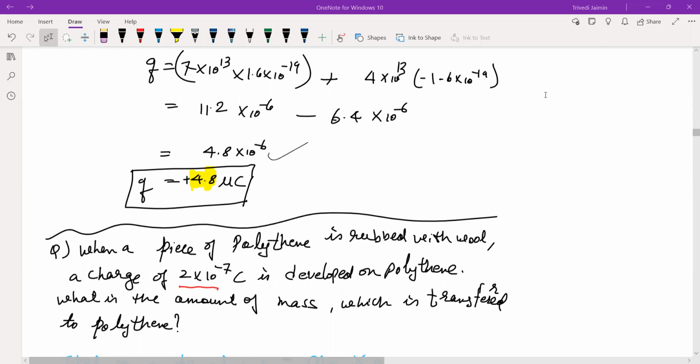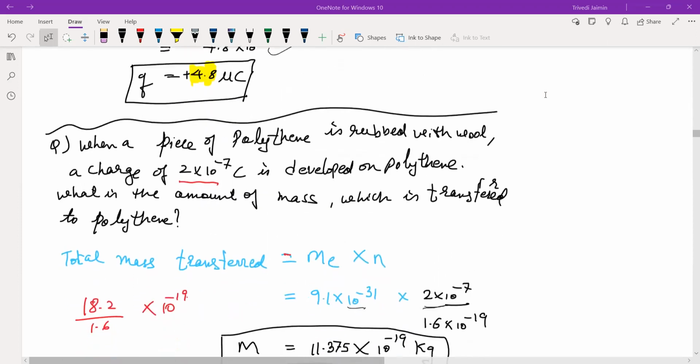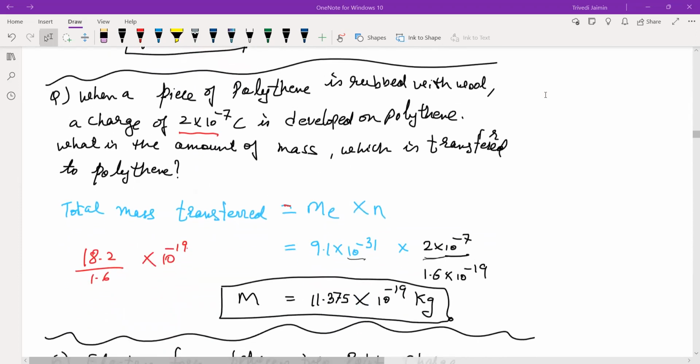Um, 1.0... 0.9 into 10 to the power minus 18. Okay, okay. It's 11.3 into 10 to the power minus 19, or same thing.